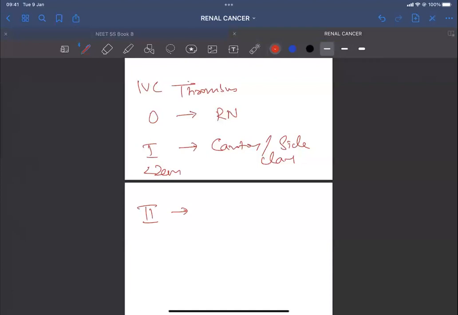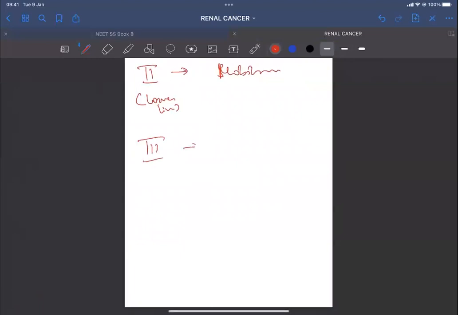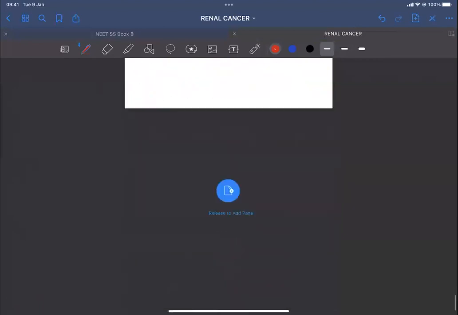Level 2 is the lower surface of the liver, but you will need to mobilize. Level 3, you will need suprahepatic clamps or veno-venous bypass. Level 4, you will need a cardiopulmonary bypass.